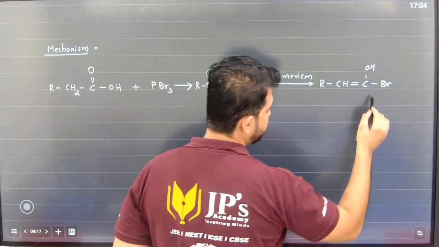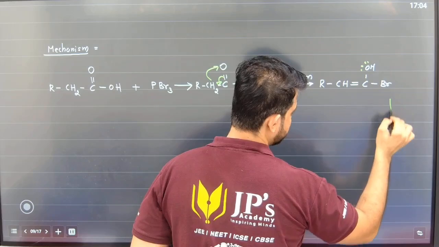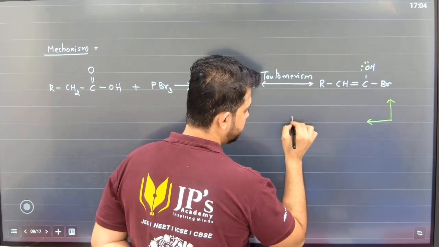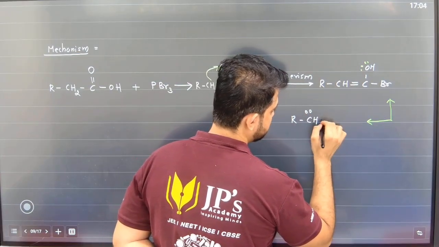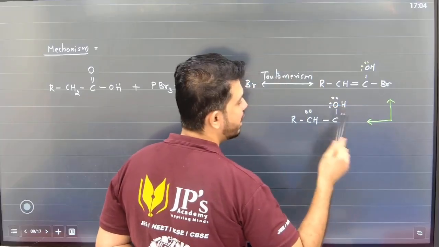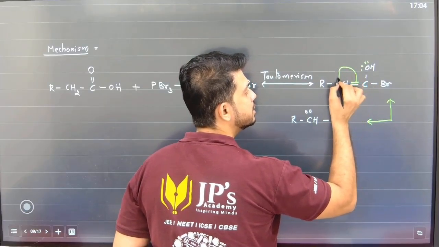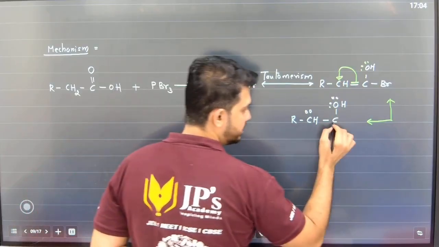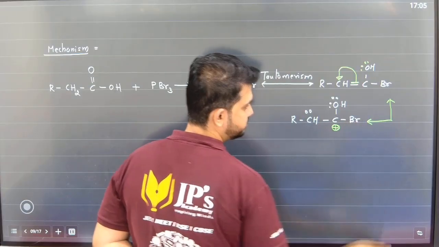Now students, let's carefully observe the next step. Next step, students, what happens is during resonance, R CH C OH. So I am breaking down the steps. The electrons of this double bond, I've taken them onto this carbon, and this carbon gets a plus charge, and Br.